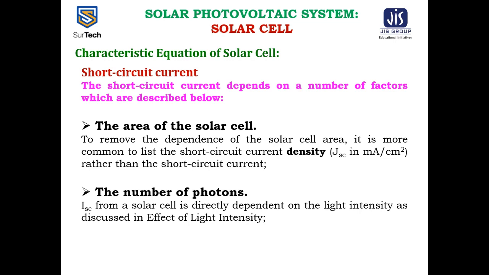Now, the short circuit current depends on a number of factors which are described below. The area of the solar cell. To remove the dependence on the solar cell area, it is more common to list the short circuit current density, that is JSC, in milliampere per centimeter square, rather than the short circuit current. The number of photons. The short circuit current from a solar cell is directly dependent on the light intensity, as discussed in the effect of light intensity on the current.